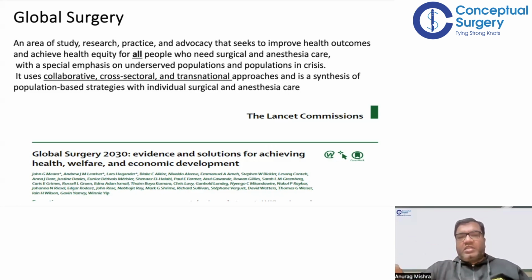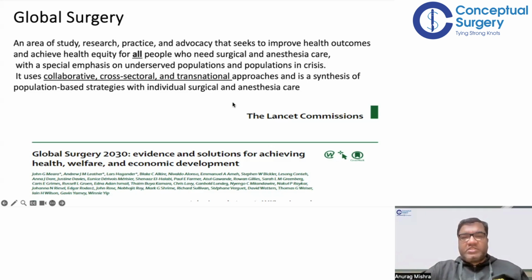These are the four main domains of global surgery, with a special emphasis on underserved populations and populations in crisis. It uses collaborative, cross-sectoral, and transnational approaches, and is a synthesis of population-based strategies with individual surgical and anesthesia care.